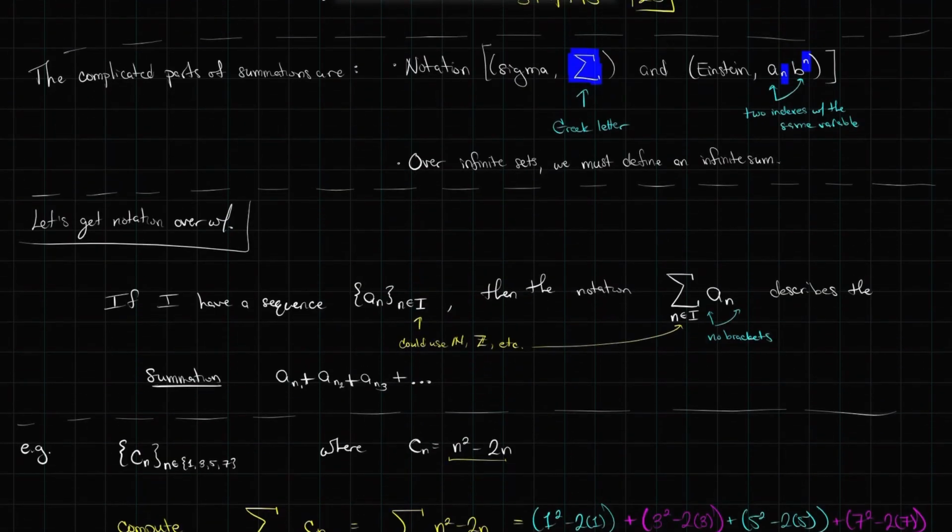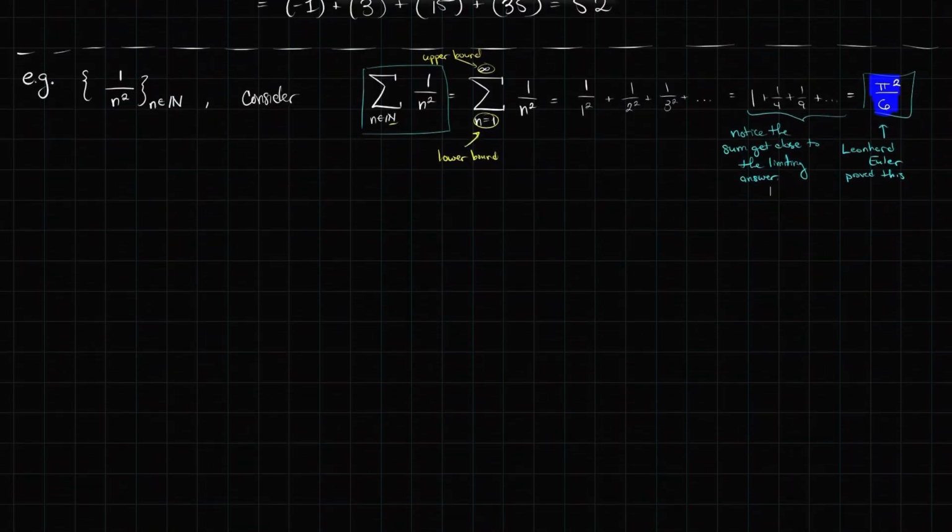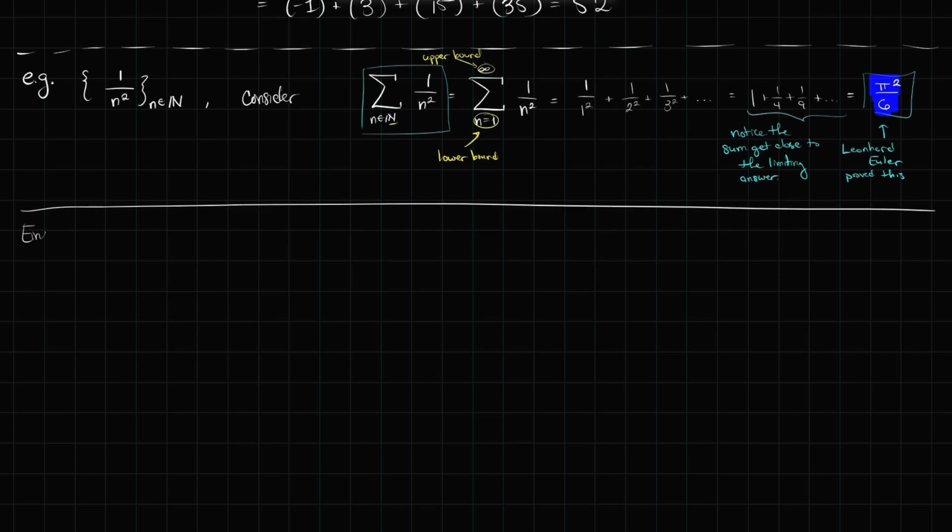And now we're going to switch over to this Einstein notation. The Einstein notation is actually more useful and used in physics. I'll say it's incredibly common in modern physics.